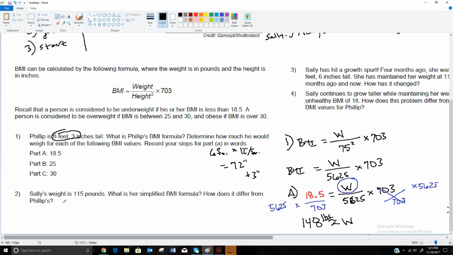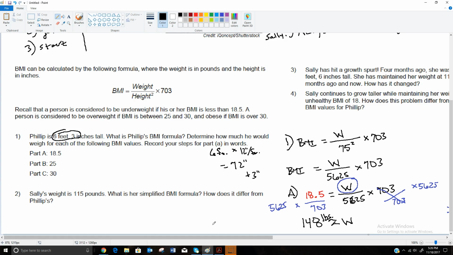So now for Sally, Sally only weighs 115 pounds. That's different than what we had for Philip here, because for Sally they're giving us her weight and not her height. So that's how it's going to differ from Philip's. For Sally we're going to be able to put in a weight, but we're not going to have a height to put in.